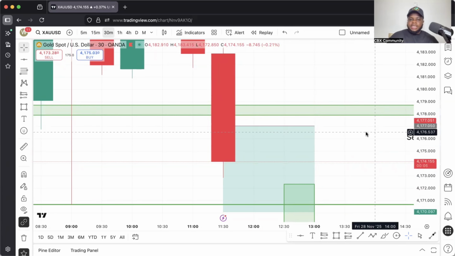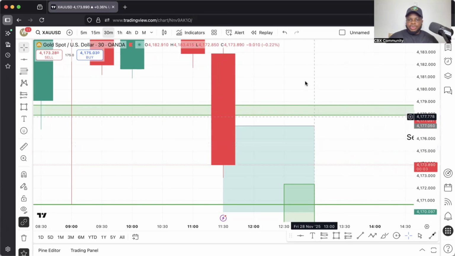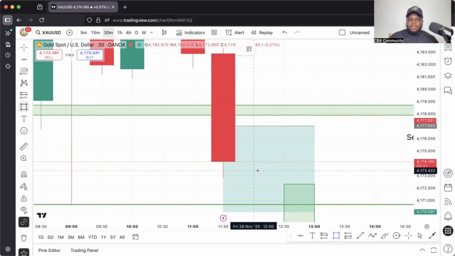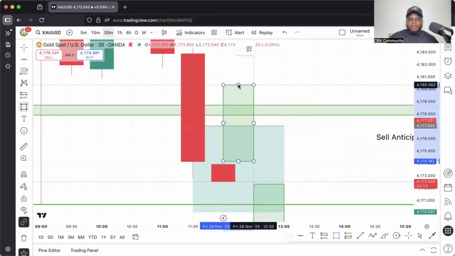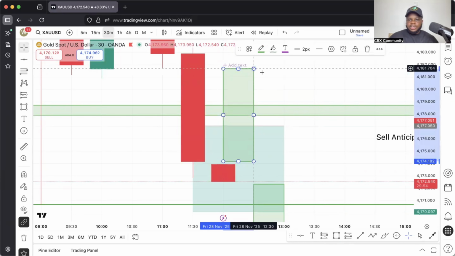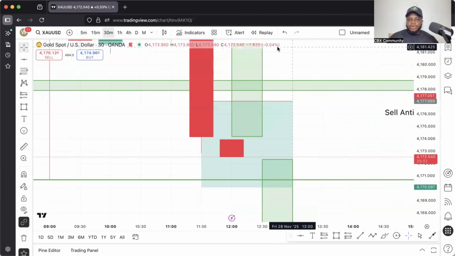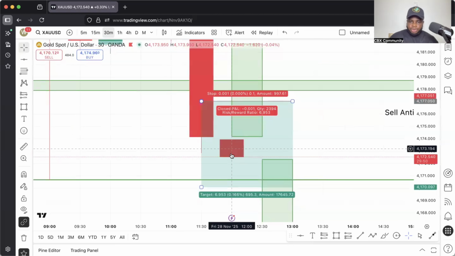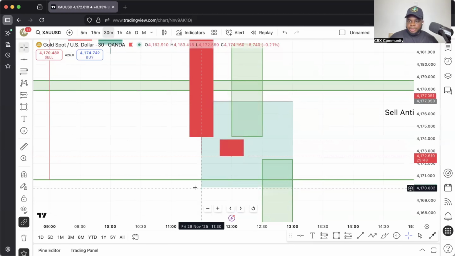So if the next candle should continue to go up back to this zone over here, I know that I was able to secure a profit. But we are still anticipating this trade to continue to come down to get to our TP.